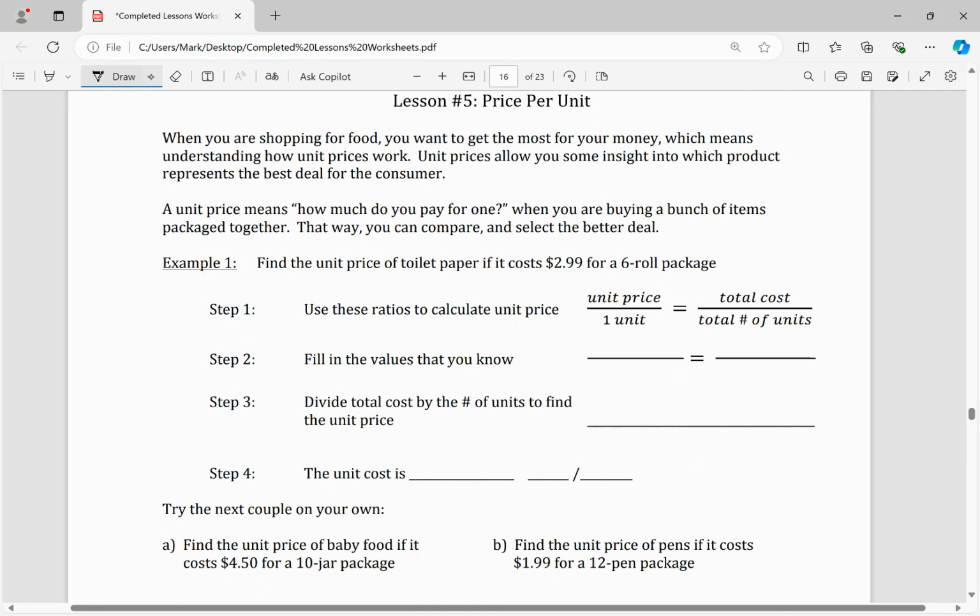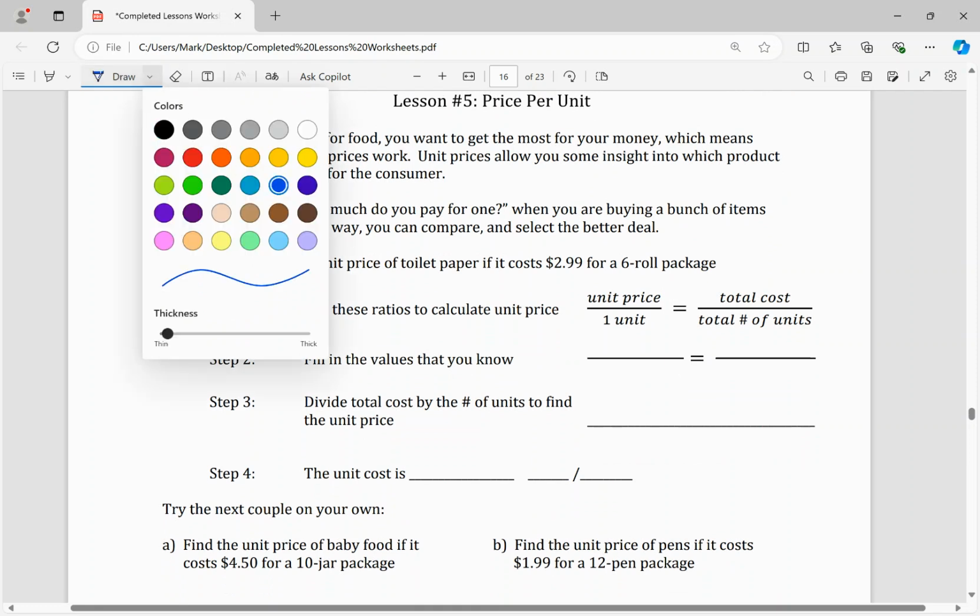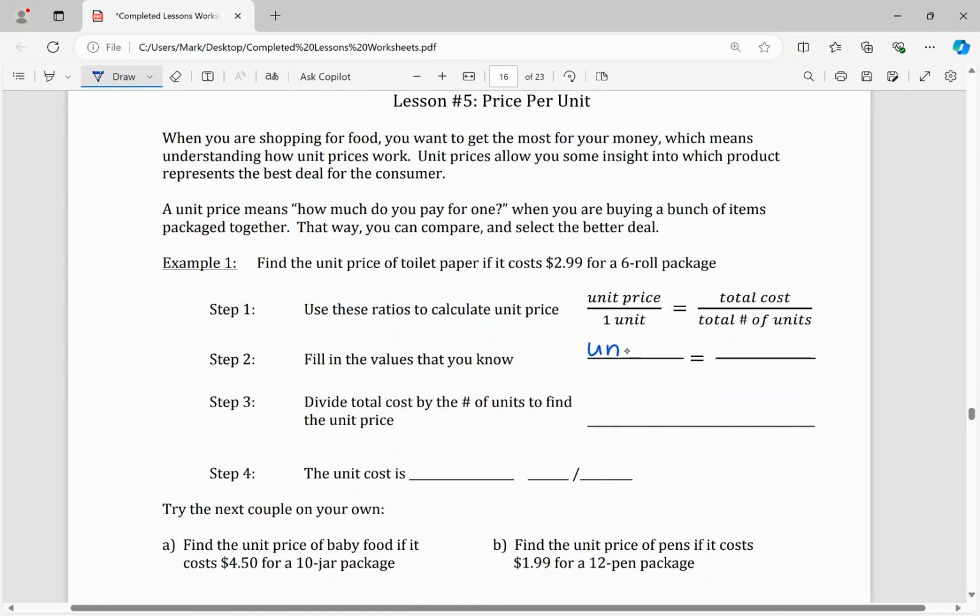We don't know what the unit price is for 1 roll, but what we do know is the total cost, that is $2.99. And we know the total number of units, that's 6. So we're going to divide the total cost by the total number of units. $2.99 divided by 6 is going to give us 50 cents after rounding.